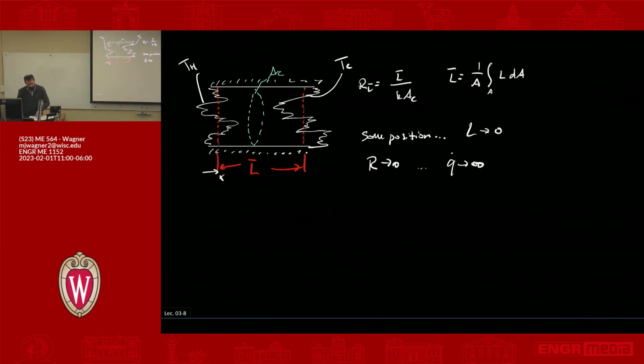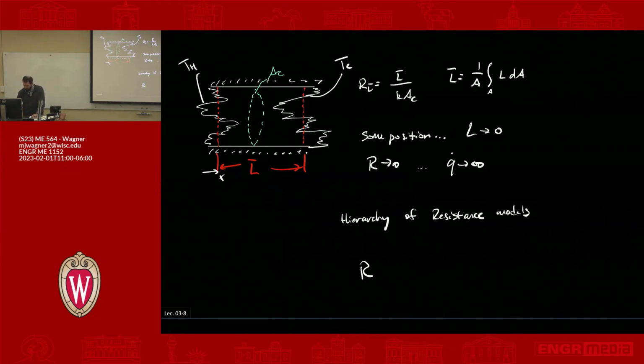All right, so just to wrap this up, what I want to do is give you a hierarchy of resistance models. Let's say we have our actual resistance R, and I want to decide which models give me higher or lower resistance.